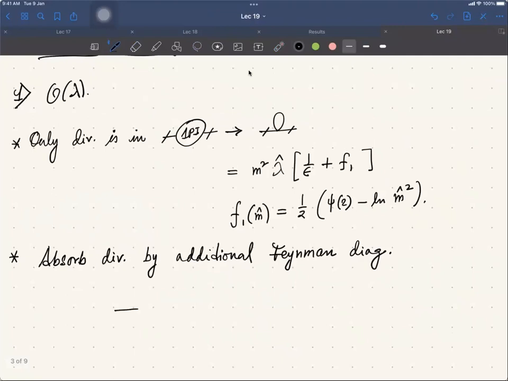And that's given by, I'm writing across, this is an extra additional vertex that I'm introducing, with one that indicates that the vertex is at order lambda, and that vertex must be minus m square lambda hat times 1 over epsilon plus F1 epsilon m hat square.